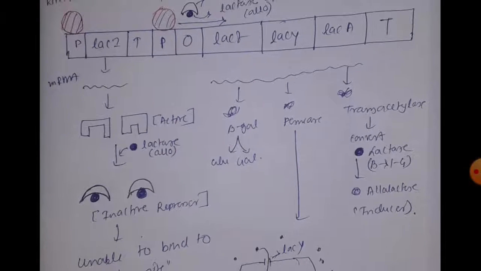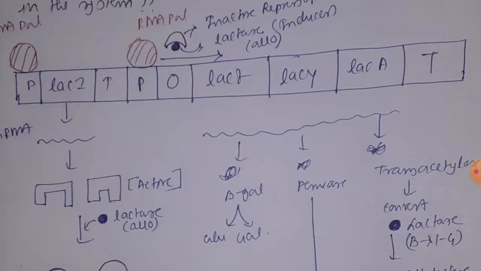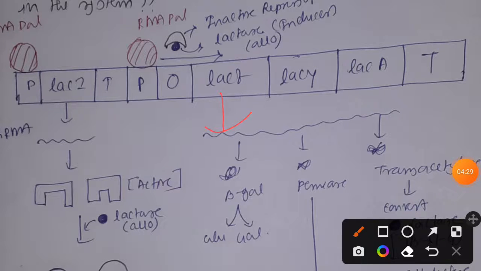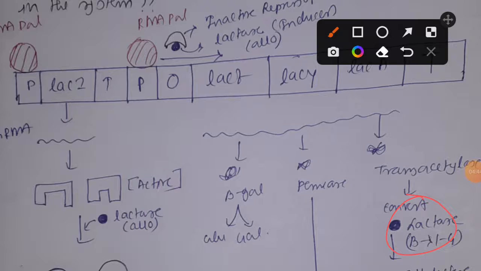So what is the main idea? The main idea is, although the lactose operon is not active, a very small or minute amount of synthesis of beta-gal permease and trans-acetylase is going on, constitutively. Okay, so whenever there is lactose in the environment, first of all it will convert some lactose that is available in the cell into allolactose, so that it can inactivate the repressor.